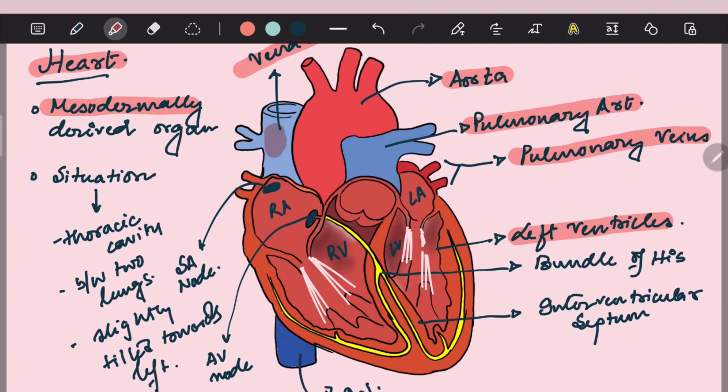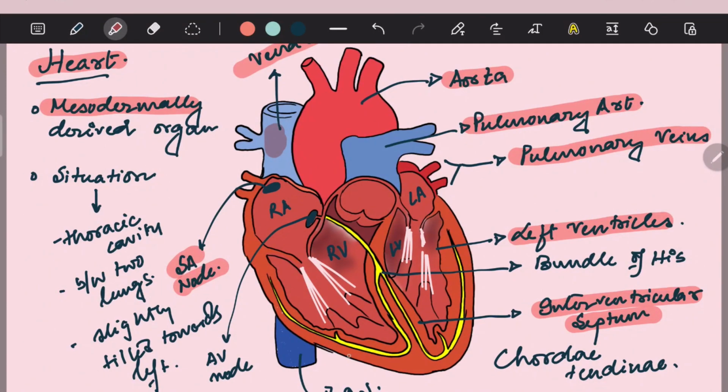Now, you should appreciate some other structures present inside the heart, such as the sinoatrial node, which we will talk about in detail. Here, these white lines refer to the chordae tendineae. What is that? We will talk about it in a while. Now, this thick muscular part is known as the interventricular septum, which divides the two ventricles.